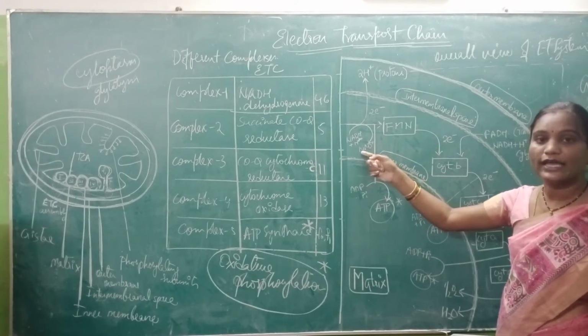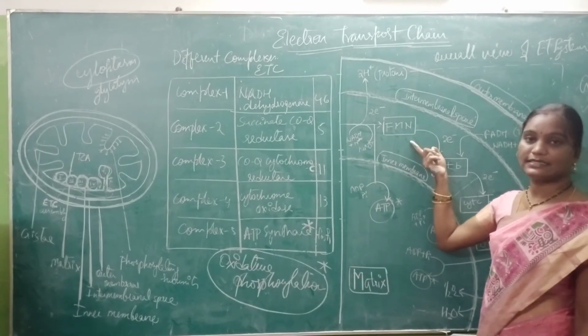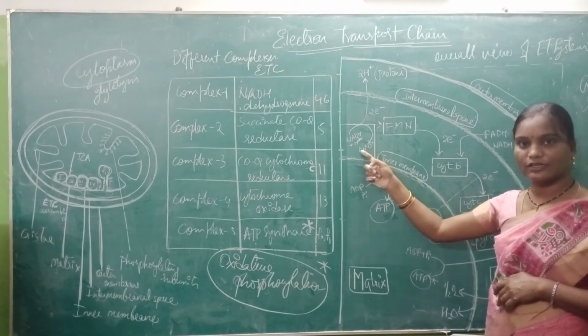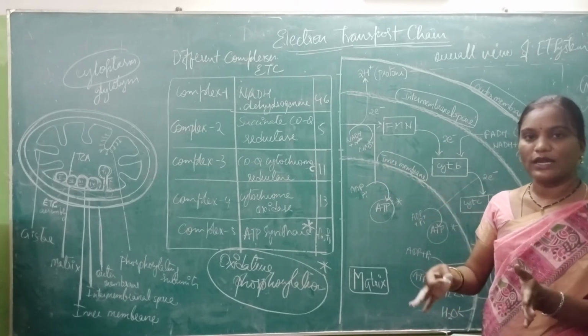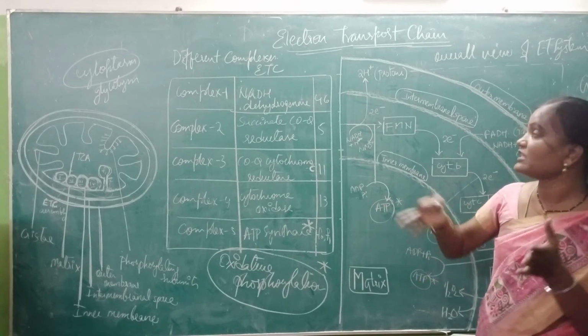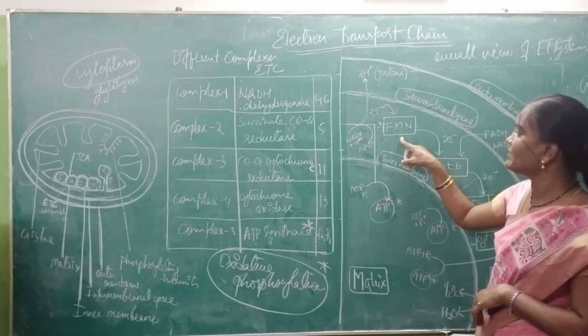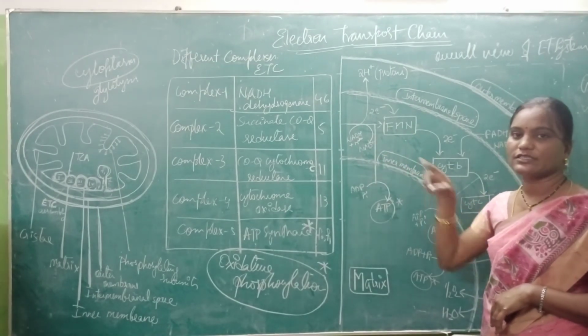This is converted into the oxidized form, and this is converted into the reduced form, isn't it? Initially it is reduced form. After losing 2 electrons and 2 protons, these 2 electrons are accepted by FMN. So FMN will be converted to reduced form, and NADH will be converted into oxidized form.